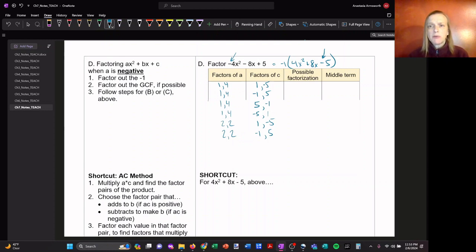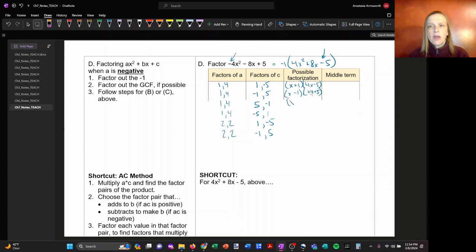So what are our possible factorizations here? I could have x plus 1 times 4x minus 5, x minus 1 times 4x plus 5.